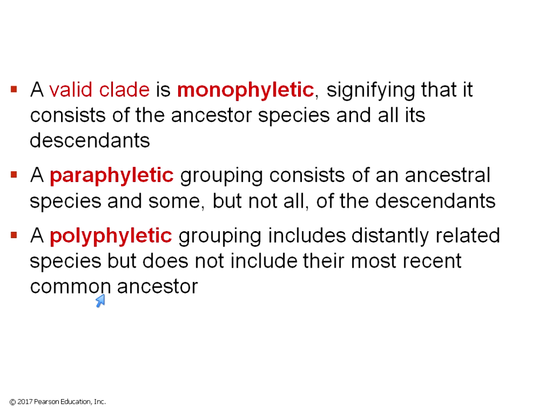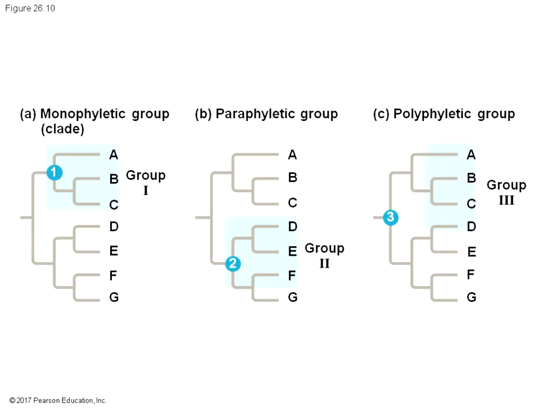Now, neither paraphyletic nor polyphyletic groupings are considered to be valid clades. So let's take a look at a figure here. This is in your book. Make sure that you spend time with this particular figure.